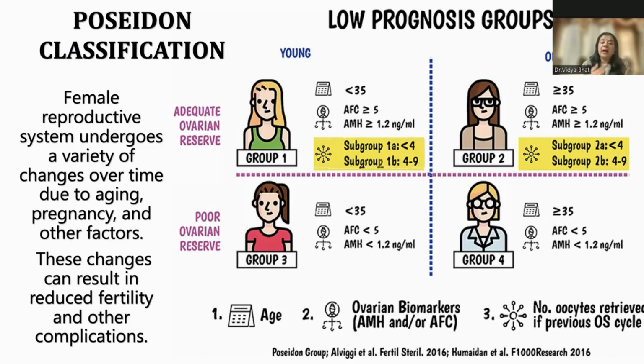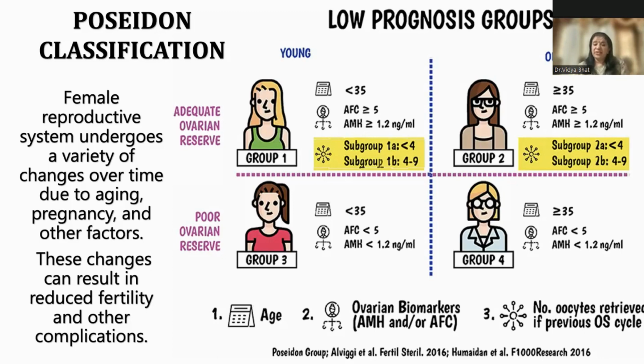Now, a young lady, less than 35 years, with AFC around 5 and AMH 1.2 falls in subgroups 1A and 1B, and group 3 is again similar. These groups have at least better ovarian reserve, that is, less than 35 years, less than 5 follicles, and less than 1.2 AMH.